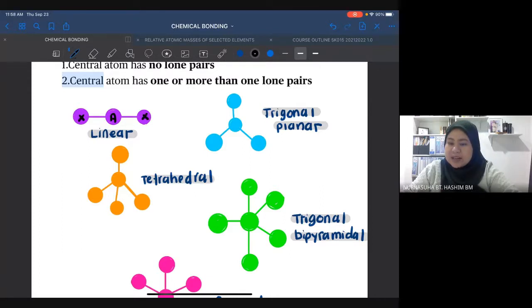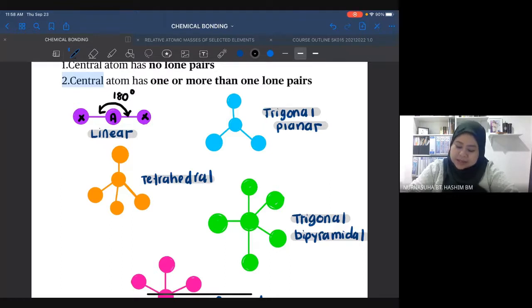So that is the linear molecule, straight line kan. Bond angle adalah angle between bond and bond. So bond angle dia adalah 180 degree, sebab dia linear. Okay, so that is the linear shape.